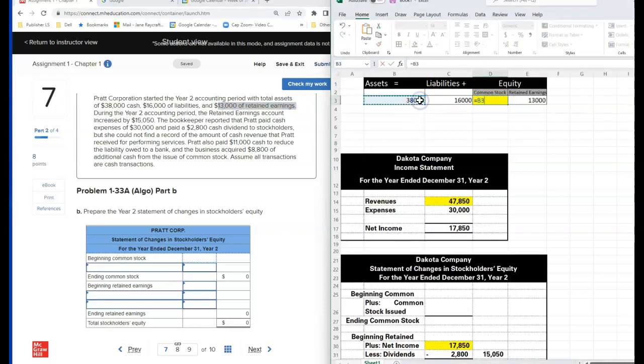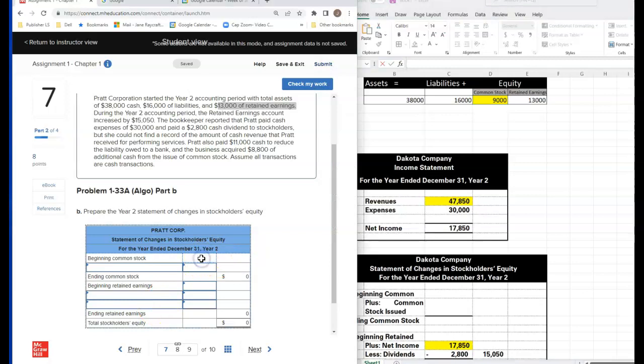So let's figure out what that common stock amount is. We'll take the $38,000 of assets, then subtract the liabilities and subtract the retained earnings. So we've got $9,000 in beginning common stock. So we're going to add that right there.